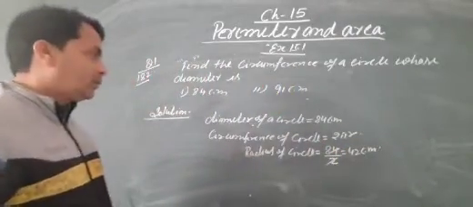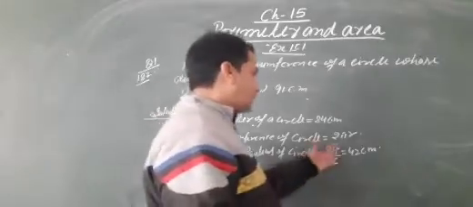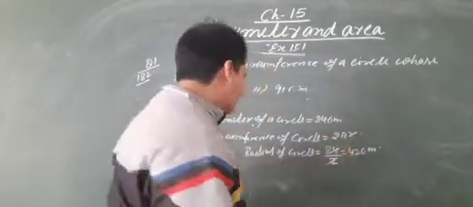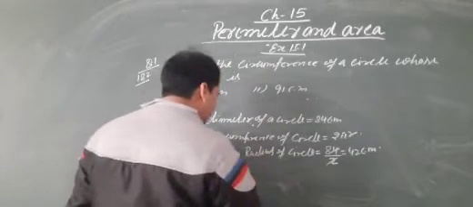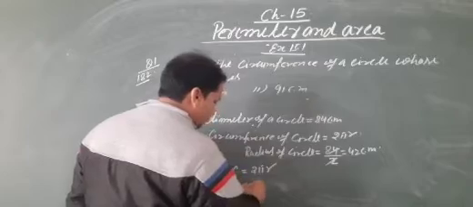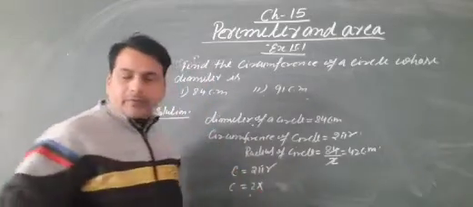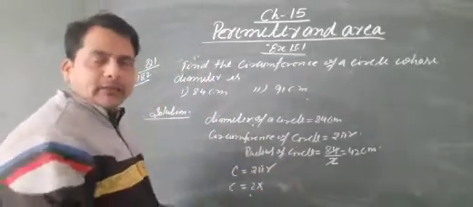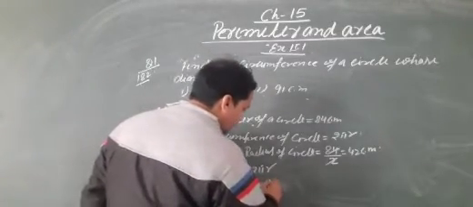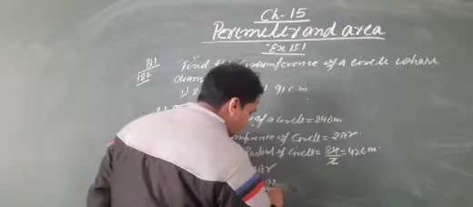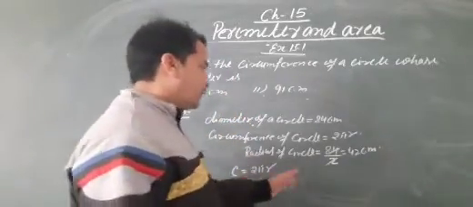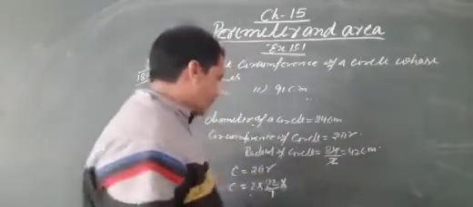So now put the value of the radius in the circumference of the circle. The formula is C equal to 2 pi r. Then 2 into, and we know that the value of pi is 22 by 7, then 22 by 7 into the radius of the circle, here 42 centimeter.